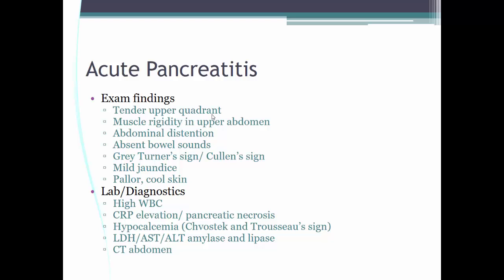Patients would have leukocytosis, hypocalcemia, hypomagnesemia, hypokalemia, elevated urea and creatinine. EKG, there's no reason for it to be altered unless the patient goes into myocardial ischemia.